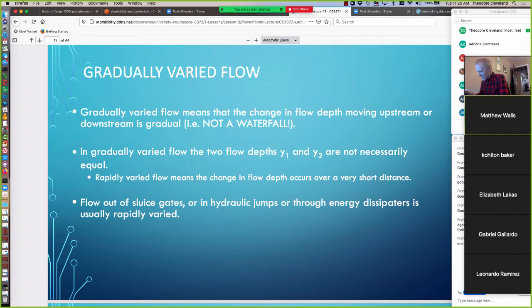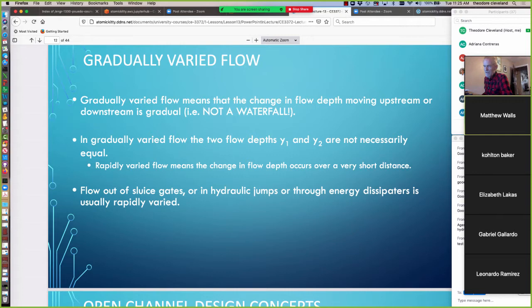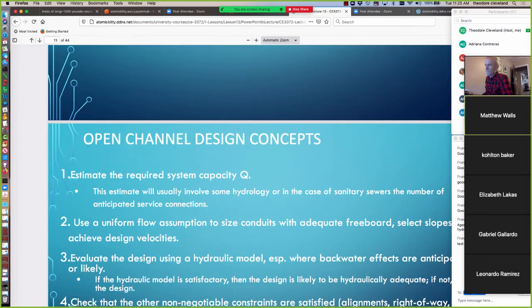A classic fluid mechanics class is to calculate the approach and sequent depth in a hydraulic jump. And the trick there, which since you've all been through it, you would know, is that you don't want to use the energy equation because it's no longer conserved, but momentum is almost conserved, and you use that to do the analysis. And that's rapidly varied flow.